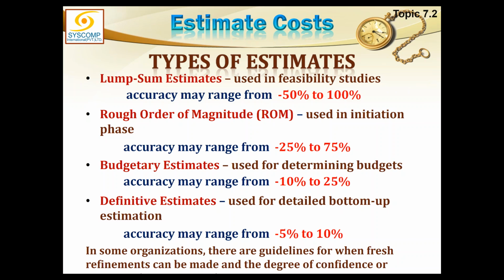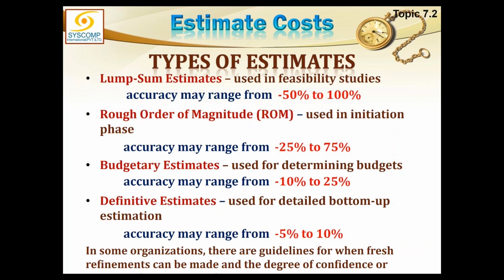Then a little bit better estimate, but still a rough order of magnitude. This is done before you start the project. That is the time when you are doing the feasibilities or you are doing kind of the business case assessments, etc. There also we have some facts available, but not all.